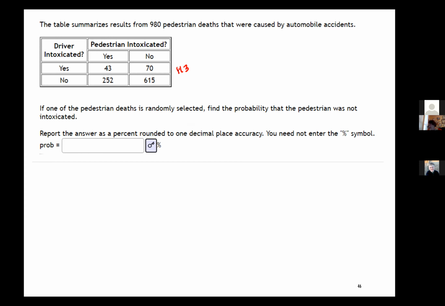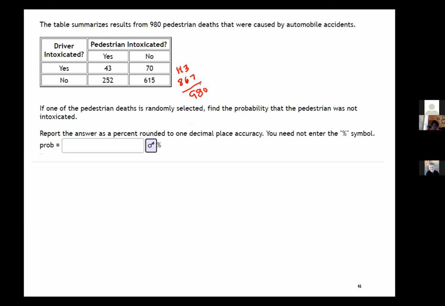So if you add those 2 numbers together, I don't know what that is, and I seem to have misplaced my calculator. 252 and 615, so 867. And the sum should be 980, which is the number that we're looking at.